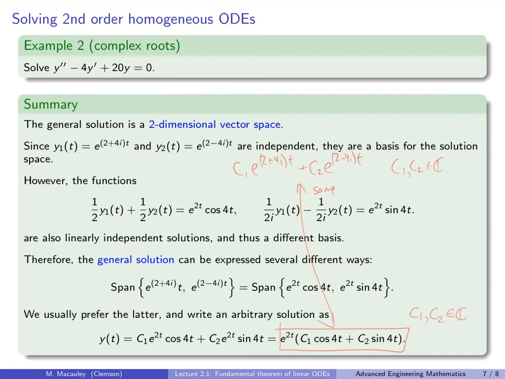So these as sets are completely the same even though they look a lot different. All we're doing is just using a different basis for the solution space.